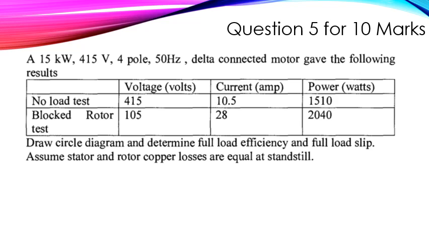Block rotor test: the short circuit voltage is 105, short circuit current is 28 ampere, and short circuit power is 2040 watts. Draw circle diagram and determine full load efficiency and full load slip, assuming stator and rotor copper losses are equal at standstill.